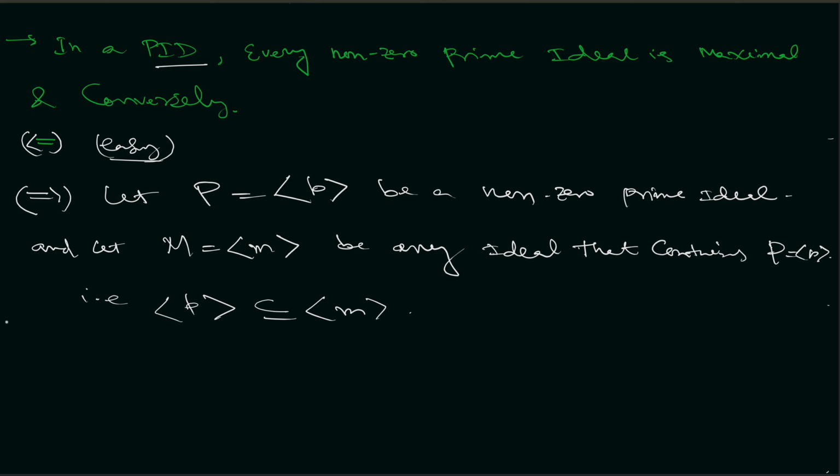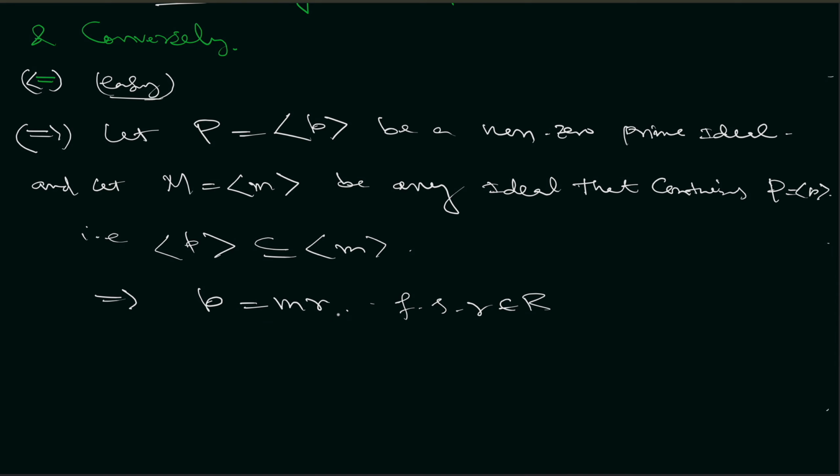So this implies that p equals some m times r for some r in R. This implies that p equals mr, which is a member of P, the ideal generated by p. That means mr is a member of P.